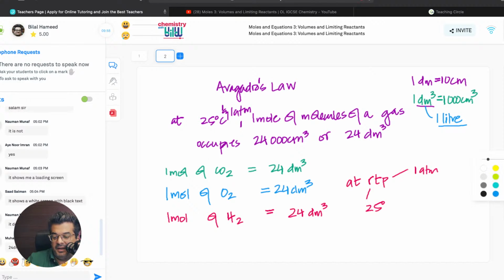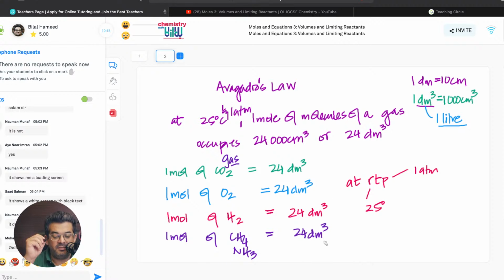It could also be applied to, let's get a different color now, 1 mole of methane, 1 mole of ammonia, any gas. As long as it's a gas, it'll occupy 24 dm³. That means any gas. It's a law that we know.